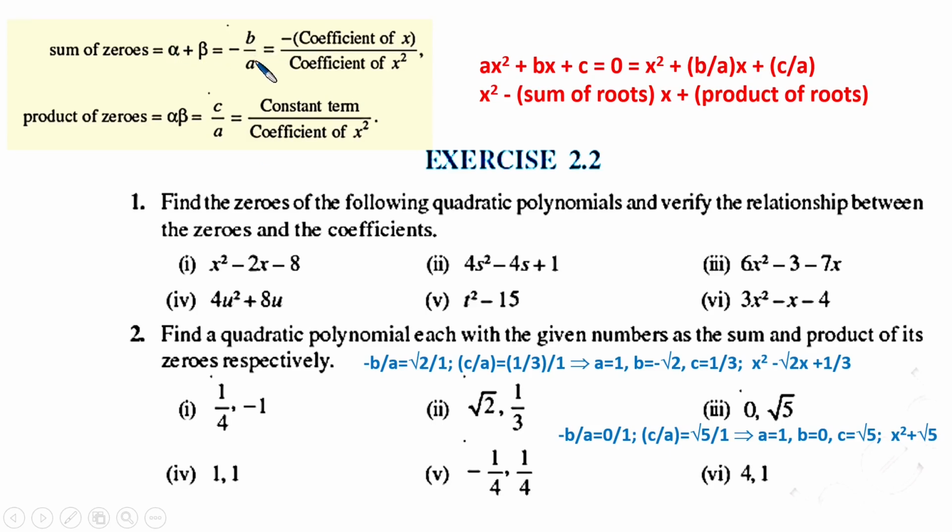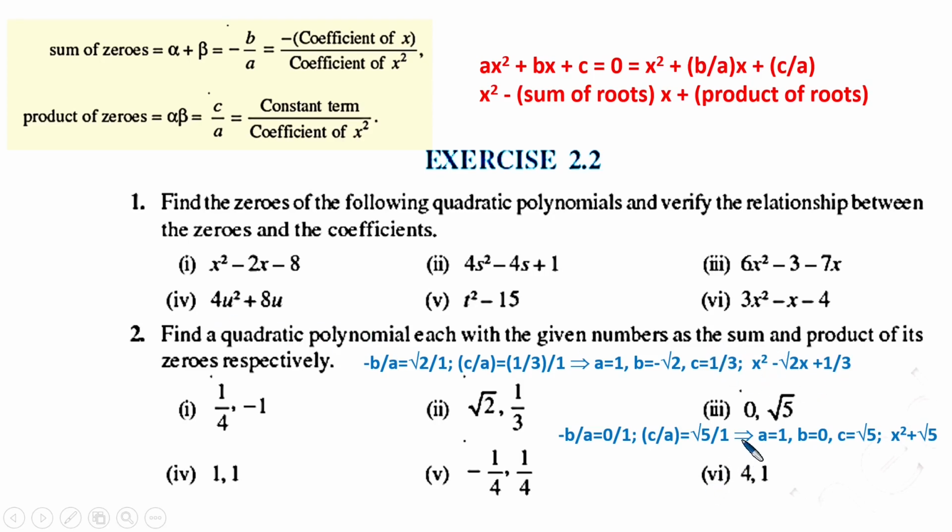Square root of 2 by 1 is square root 2. And c by a, the product, is 1 by 3. So here a equal to 1 and b equal to minus root 2, and c equal to 1 by 3. So I now have a, b, c. This is my equation: a x square minus root 2 x plus 1 by 3. So this is your quadratic polynomial.